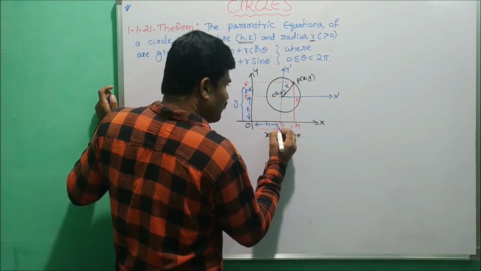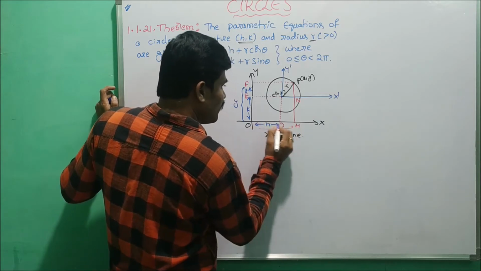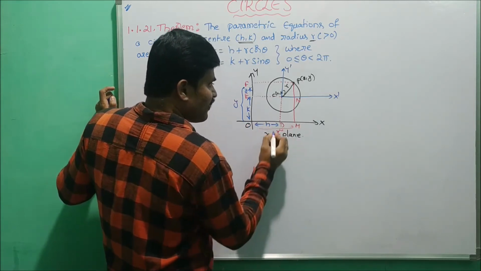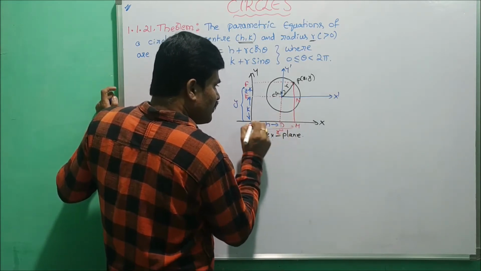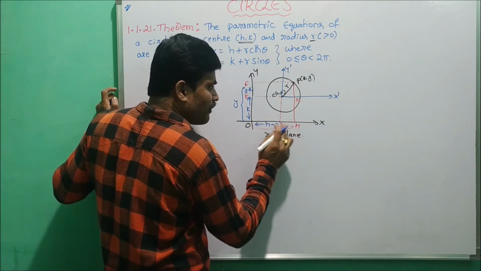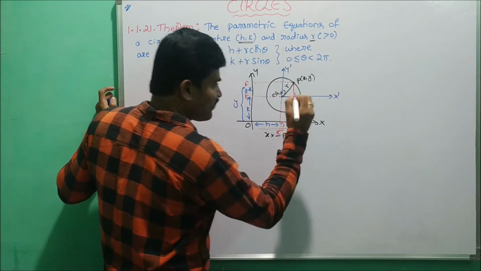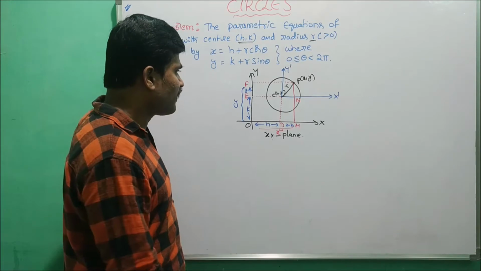Similarly we follow the same on the x-axis. Here OD is subtracted from OM, and we get DM, that is x minus h.